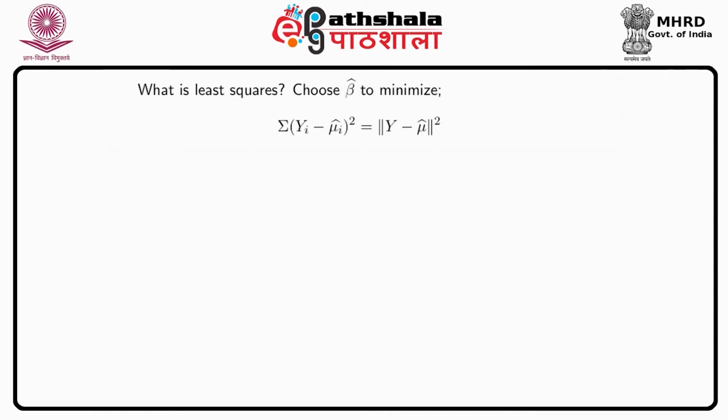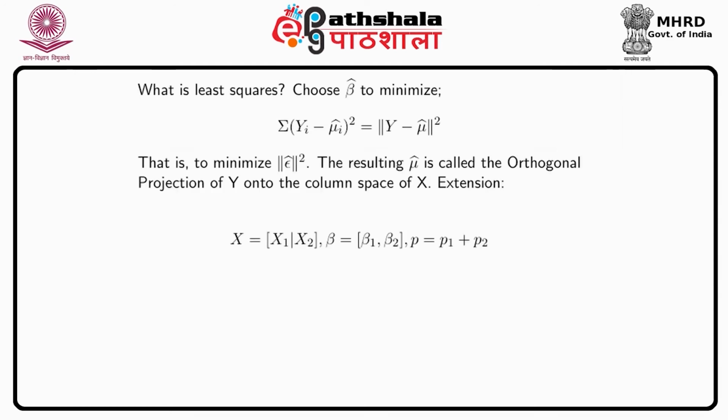In terms of length of vector, since y and mu are both vectors, we can write this as the squared length of y minus mu hat. That is to minimize the error sum of squares. The resulting mu hat is called the orthogonal projection of y onto the column space of x, as we have demonstrated before.